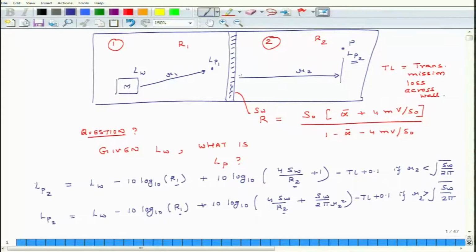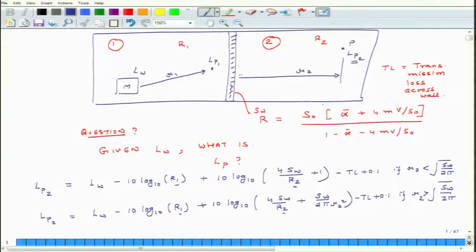If alpha bar goes up, what will happen to the factor in the numerator? It will go up. What will happen to the denominator? It goes down. So, R will increase as alpha bar goes up, which means if I have more sound absorbing materials in the room, the room constant will increase. Similarly, if the internal surface area of the room is large, then the room constant will increase.